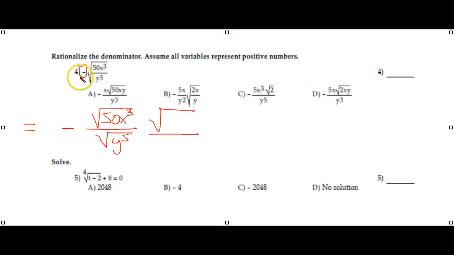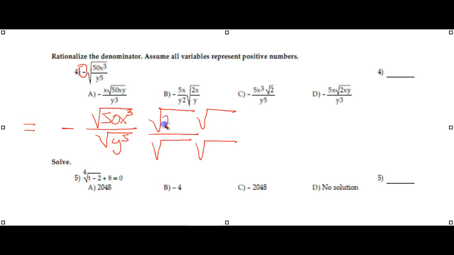And by the way, all of these are going to end up being negative. So there's my negative sign. And we said the strategy for this was to put them into perfect squares under one radical sign, and whatever is left over under the other.